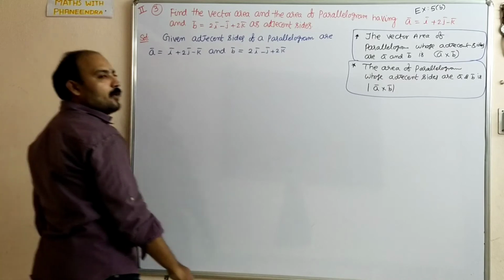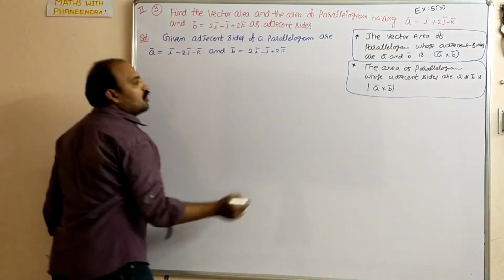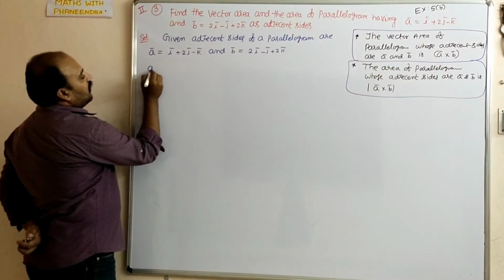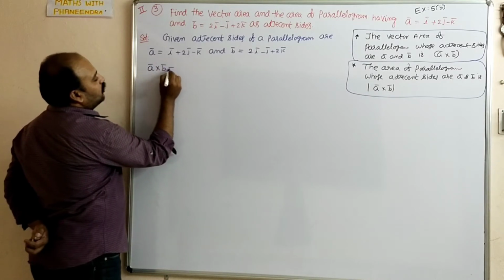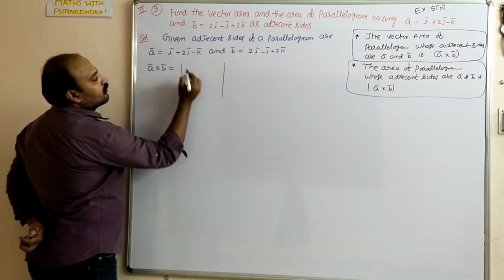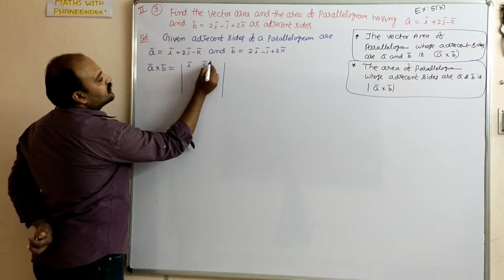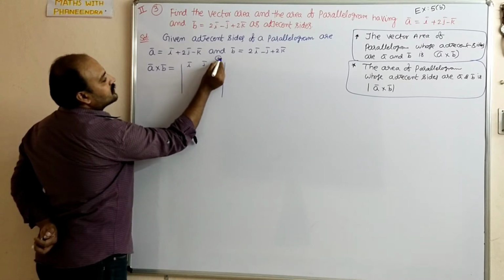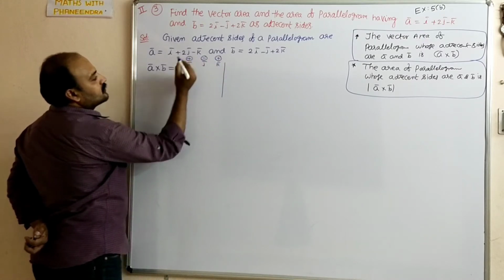Now calculate a bar cross b bar. a bar cross b bar equal to, so i j k, here plus, here minus, here plus.